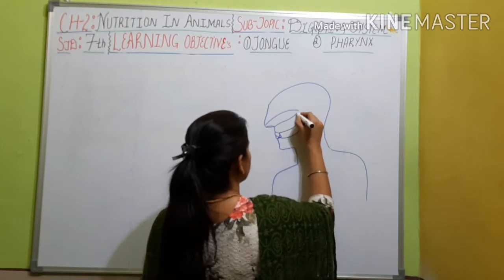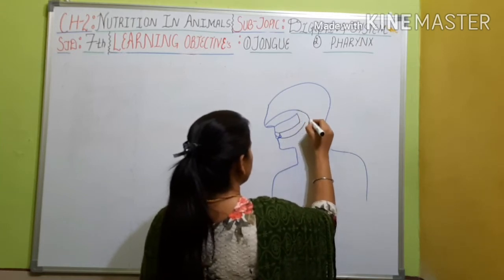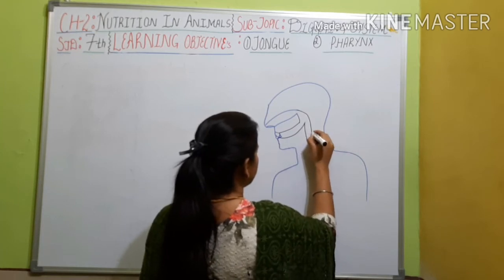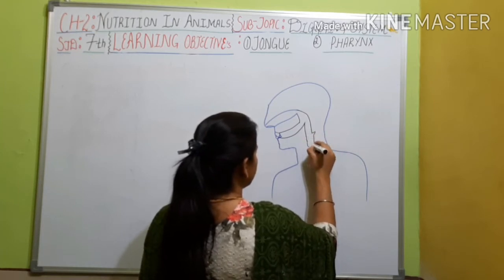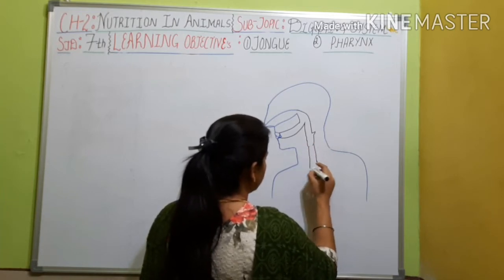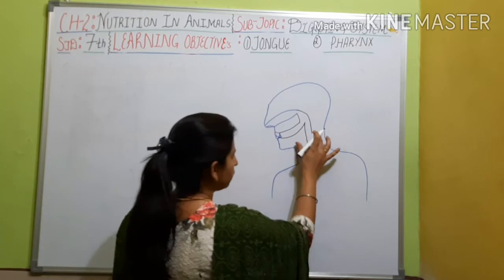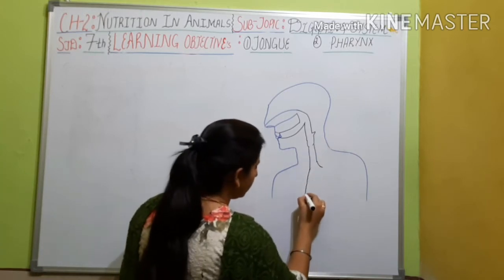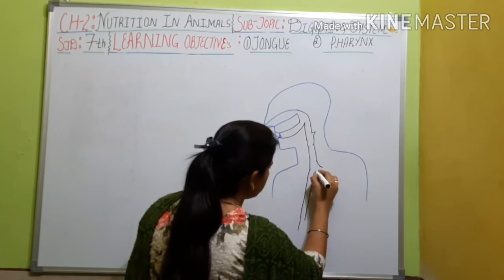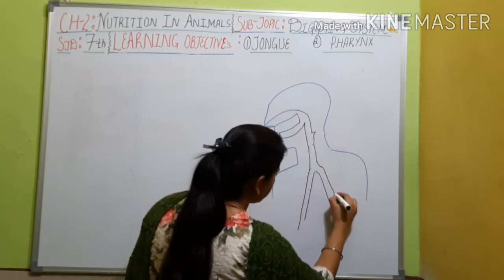This is your buccal cavity, and something like this is your, this part is the pharynx, and it will lead into two pipes.